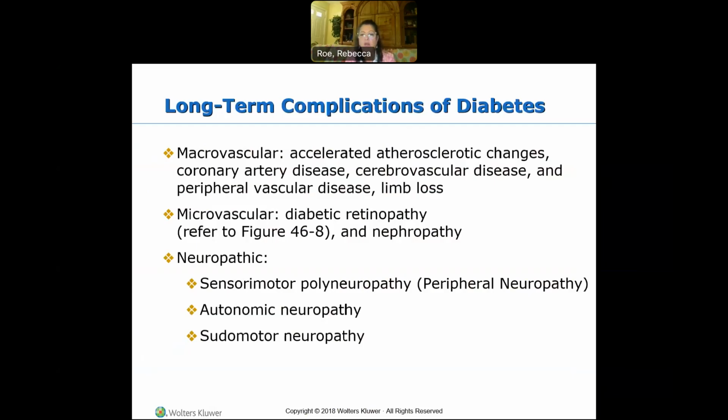Those all lead to this microvascular problem, causing some of these accelerated atherosclerotic changes. Approximately half of the patients with peripheral neuropathy don't know it.